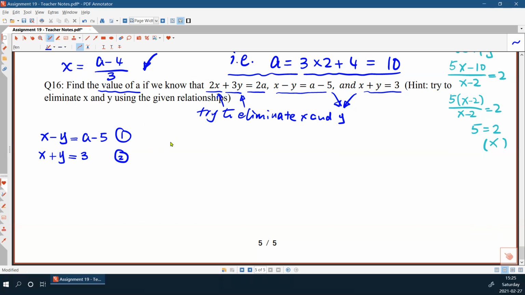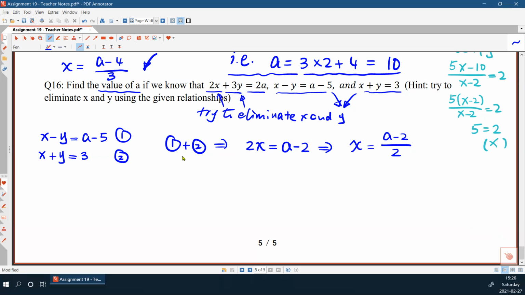You can use number 1 plus number 2. Left-hand side plus left-hand side gives you 2x. Right-hand side plus right-hand side gives you a minus 2. And this gives you x is actually a minus 2 over 2, right? So this gives you the relationship between x and a.